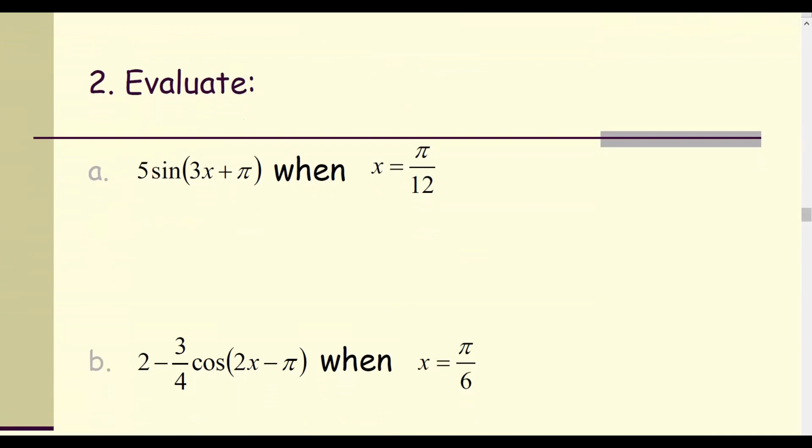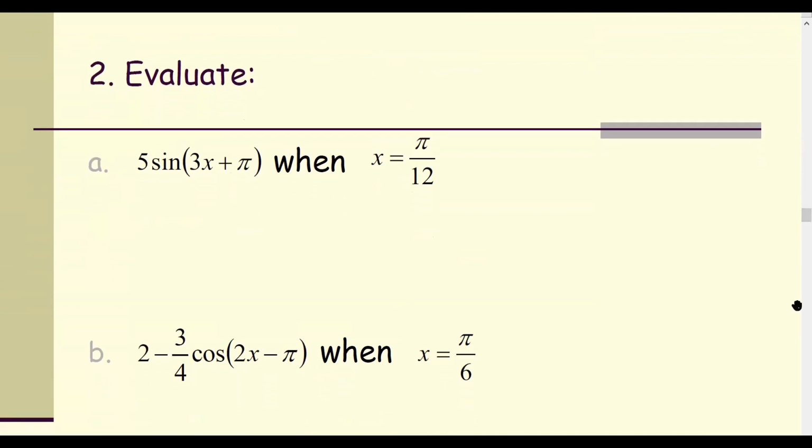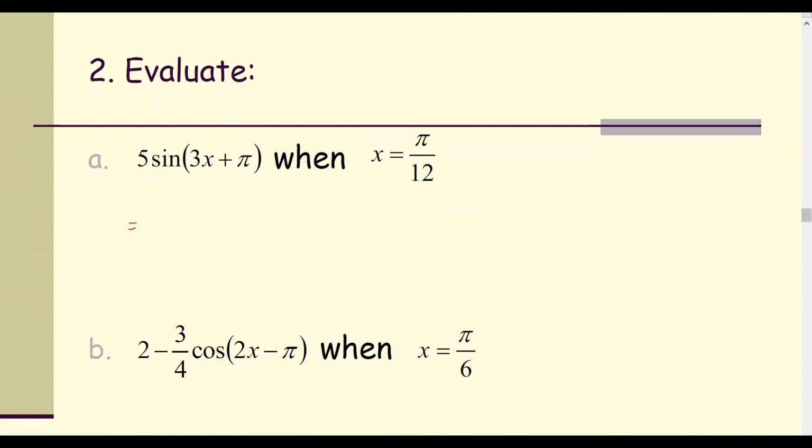In this example, we are going to evaluate the following values. Part A, 5 times sine of 3x plus pi, where x equals pi over 12. Replace x with pi over 12. So 5 times sine of 3 times pi over 12 plus pi. 3 and 12 reduce.